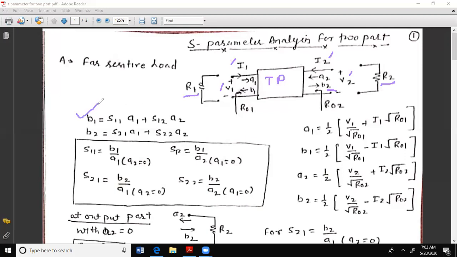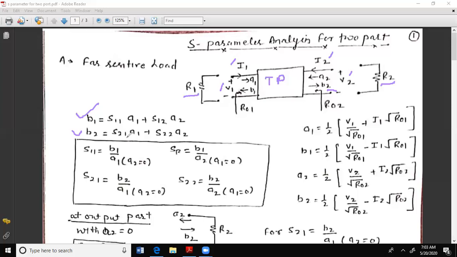So B1 and B2 are functions of A1 and A2. B1 is defined as S11 A1 plus S12 A2, and B2 equals S21 A1 plus S22 A2. So what are these variables S11, S12, S21 and S22, and how can we calculate them mathematically?